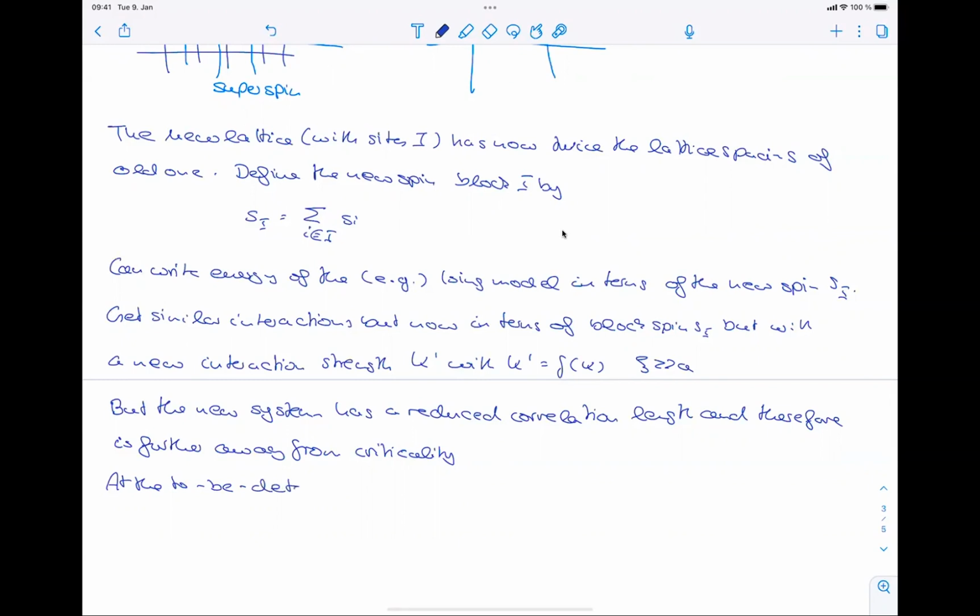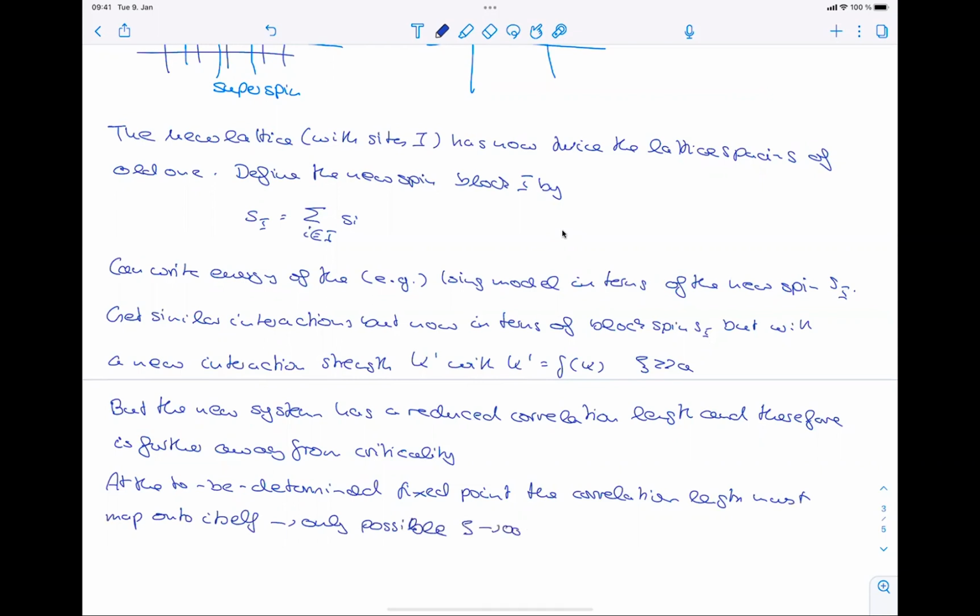At the fixed point, the correlation length must map onto itself, and that's obviously only possible if the correlation length diverges, which is at criticality.